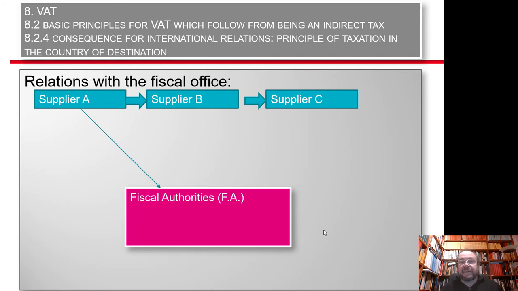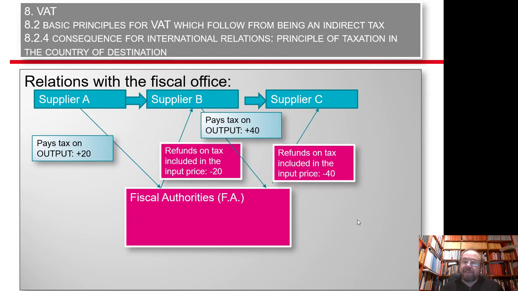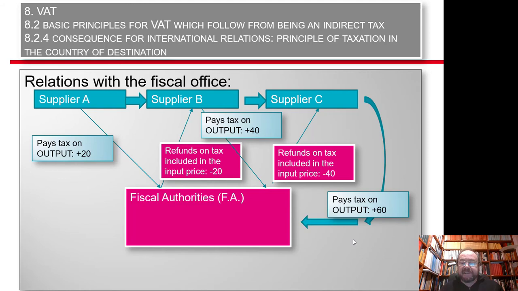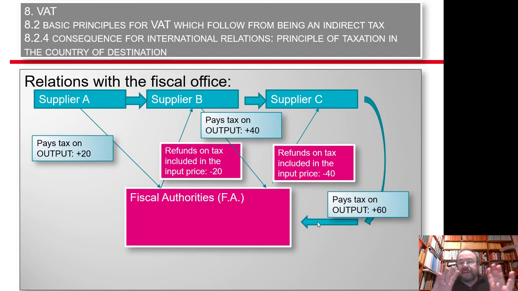So we have a kind of ping pong game. 20 go to the fiscal office from A, then B gets them refunded, and when B then sells to C, B pays 40. Now supplier C claims the refund, and when C then pays to the final consumer, C pays 60 on his own output, and that's it, because that was the sale to the final consumer.